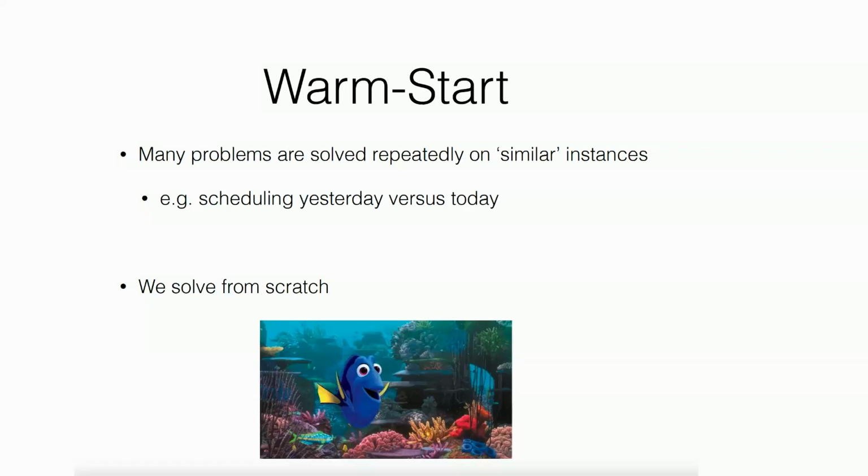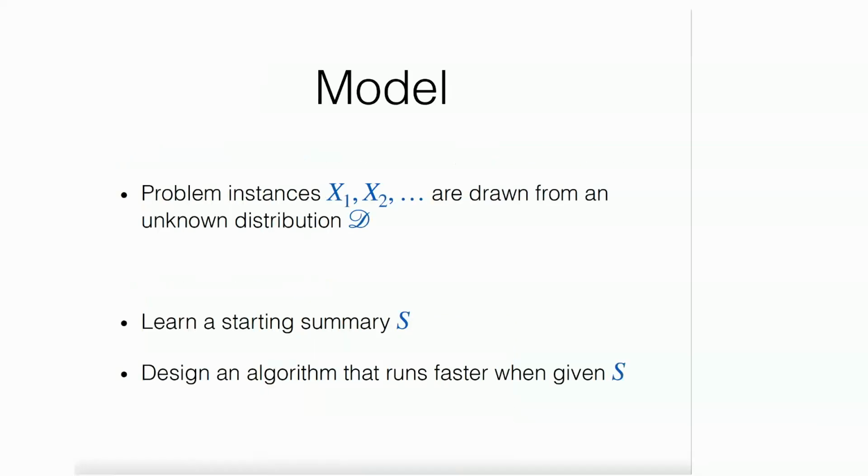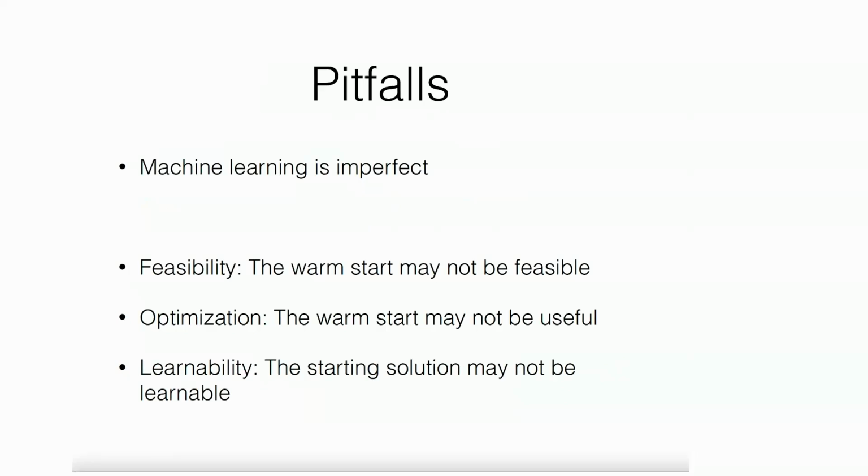This is where we can think of machine learning helping us. A model we can think of is that we have repeated problem instances drawn from some unknown distribution. What we'd like to do is compute some sort of starting summary for our algorithm, based on these previous examples or based on what we've learned from the distribution, and then design an algorithm that goes faster when given this starting summary.